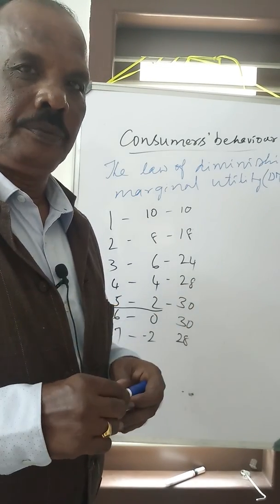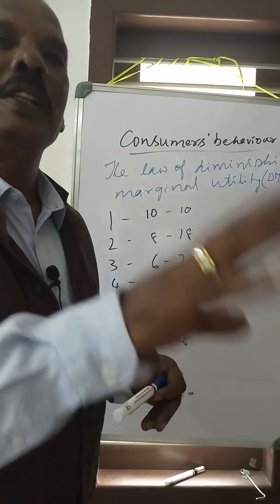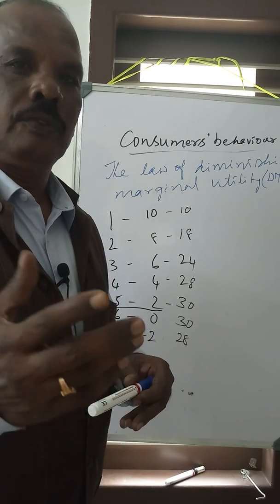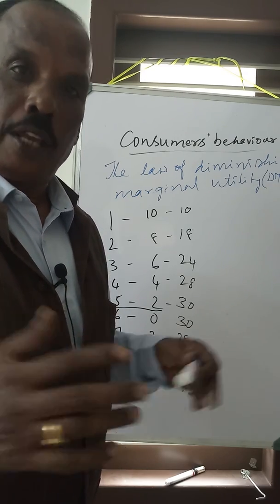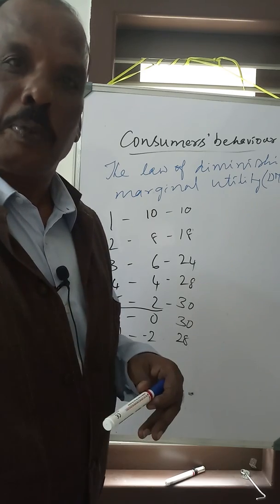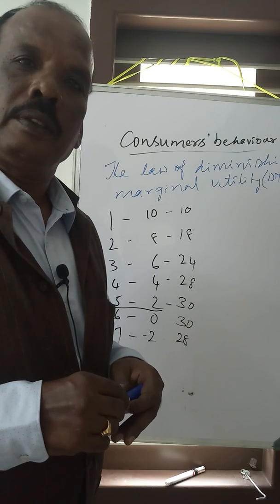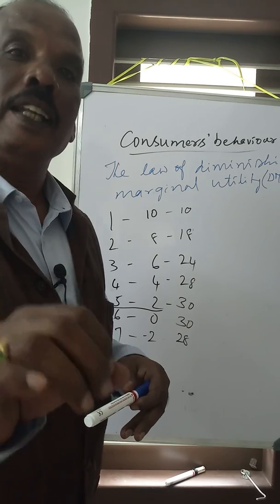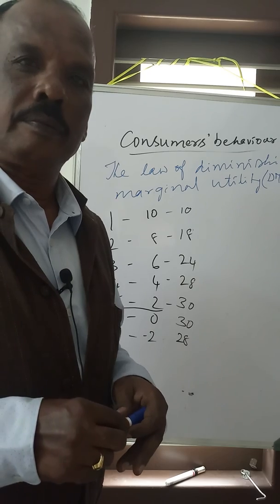In short, larger the quantity of a commodity, lesser will be the utility. You can give an example of a rich man who has crores of rupees. He gives 100 rupees tips to the person who supplies coffee. Why does he do it? Because he finds less utility as he has got a larger quantity of money.